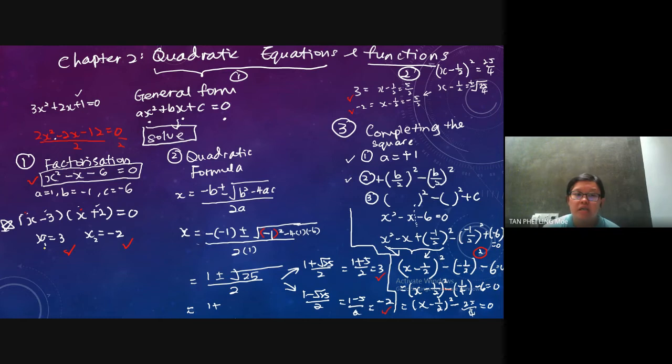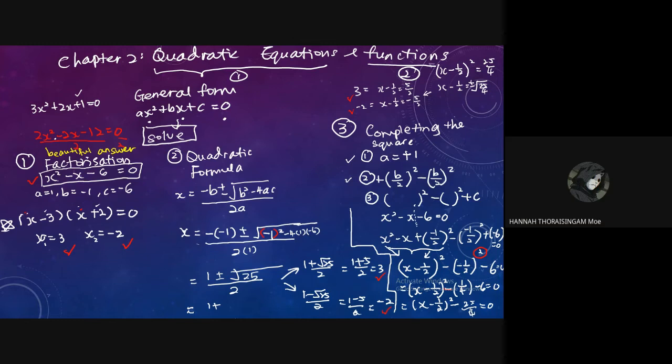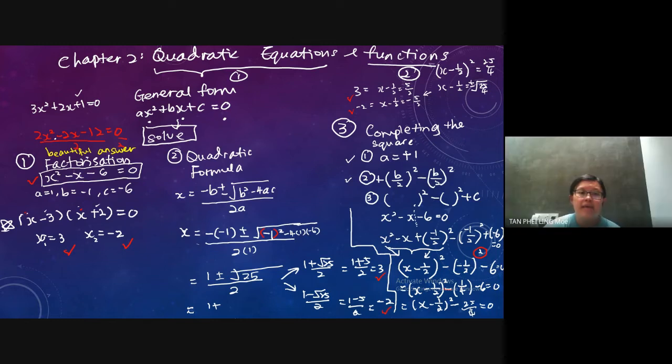But you can only use factorization under certain circumstances, which is when you have a beautiful answer. What does beautiful answer mean? Whole number. Yes, which means you have integers. Then only can you use factorization.